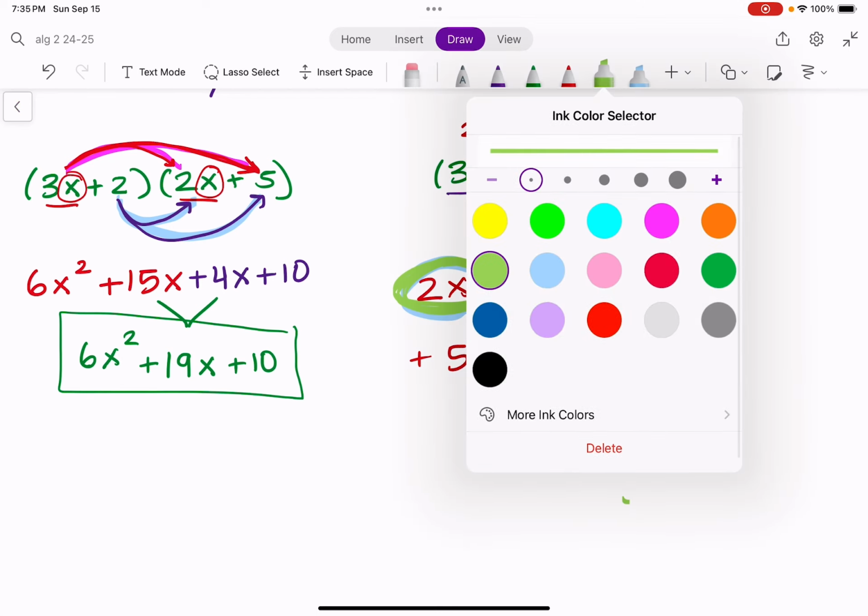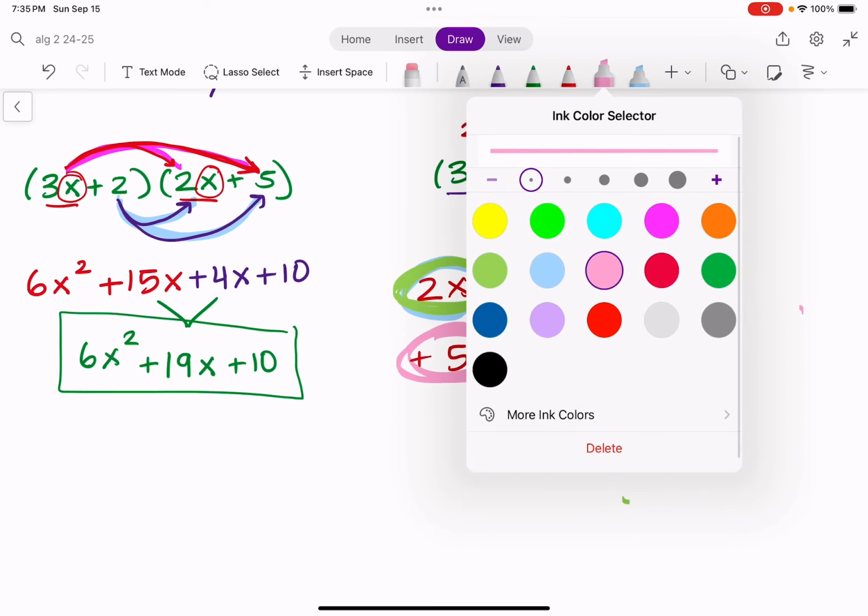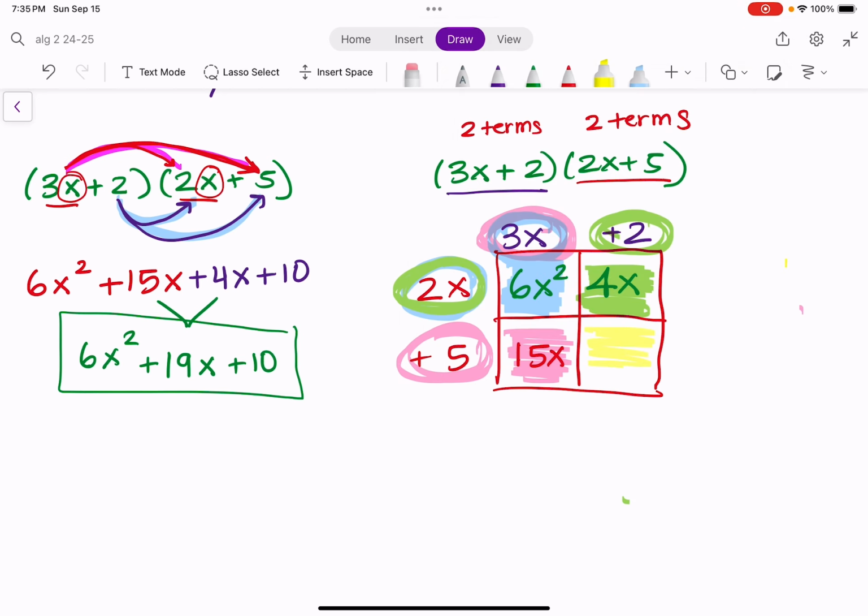To get this one right here, you multiply what's straight up and straight to the side. So 3x times 5 is 15x. Lastly, for this last box, you multiply what's straight up and straight to the side. So 5 times 2 is 10.